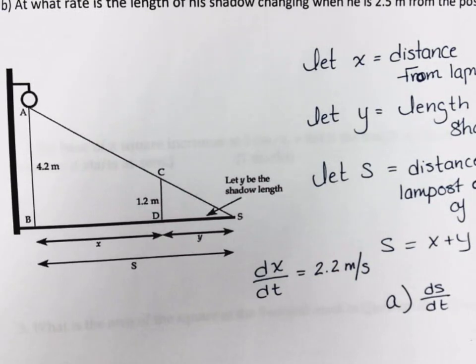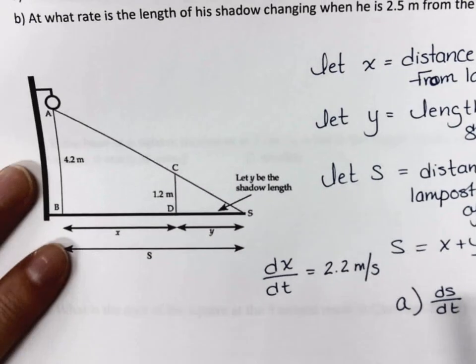So we were trying to find at what rate the end of his shadow was moving when he's 2.5 meters from the post, and we're trying to find the rate of the shadow changing. So we're looking for the distance of the shadow.